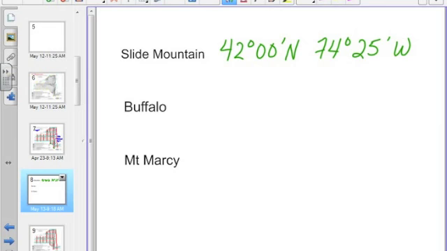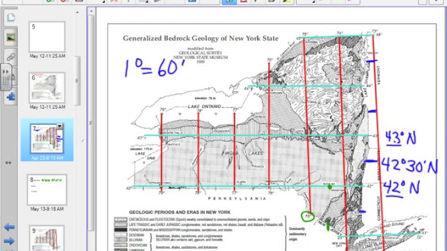Let's take a look at Buffalo. Hunt it down, Buffalo right here. And the dot that represents the exact location of Buffalo is right there. Now, in terms of our latitude, here's the 43 degrees. There's 42. So as I look at this scale, it is a lot more than 42, but not yet 43 full degrees.